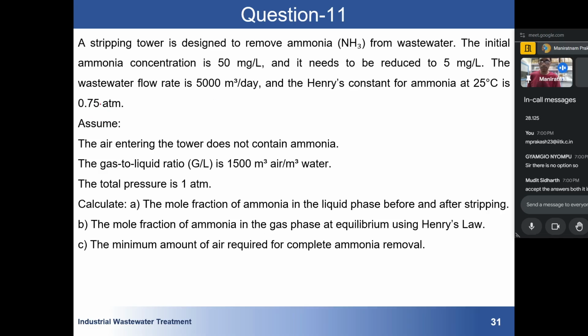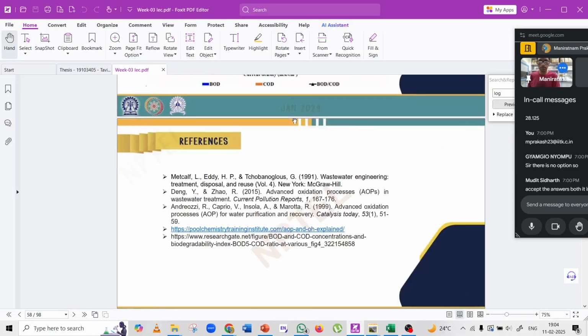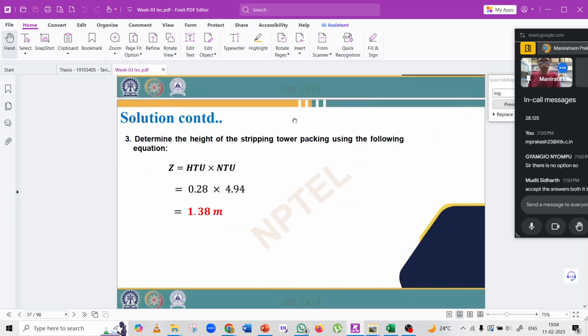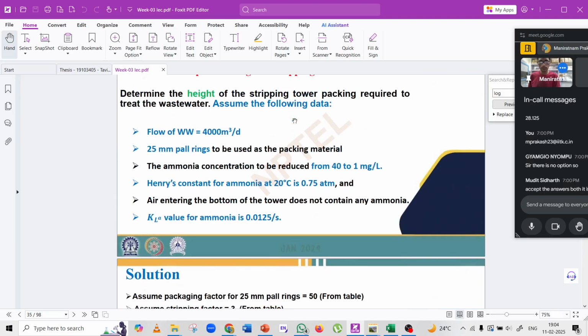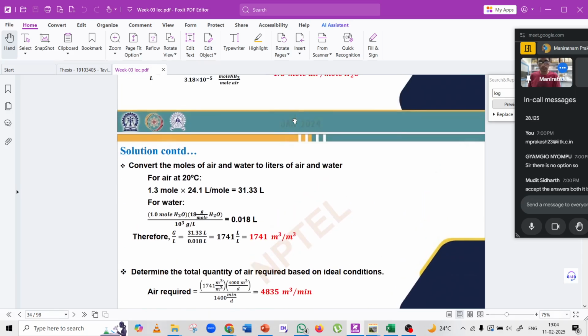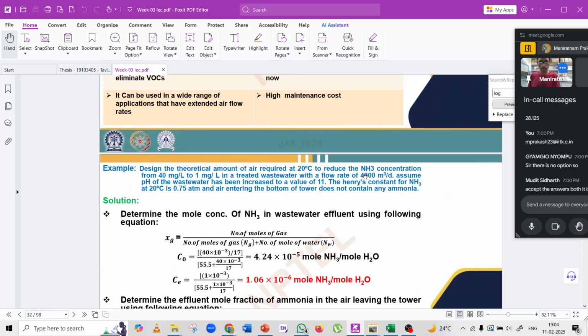See, there is like this. I have to check the unit whether it is correct or not. I think it depends upon how we are writing. Henry constant is this thing.